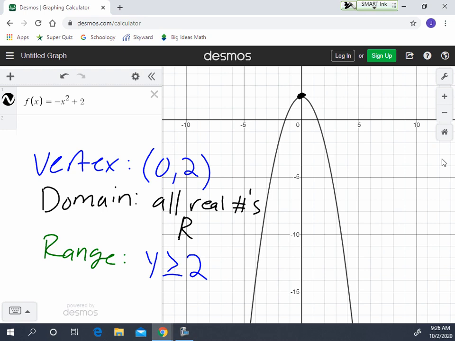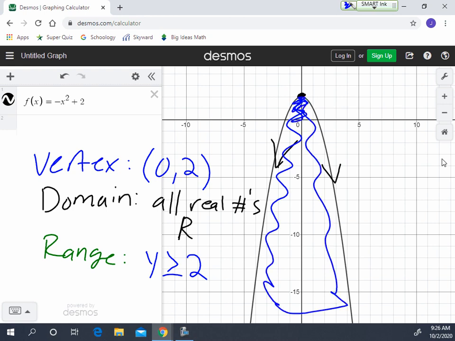Our domain, down to the left, down to the right, to negative infinity and positive infinity, so that's all real numbers. What's our range? Our range is what I'm coloring in here. Okay, and where does y start? It starts at 2, so good there, but is it greater than or equal to 2 or less than or equal to 2? It should be less than or equal to 2.